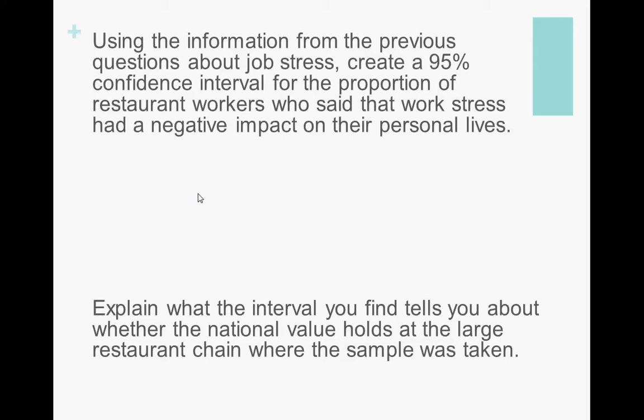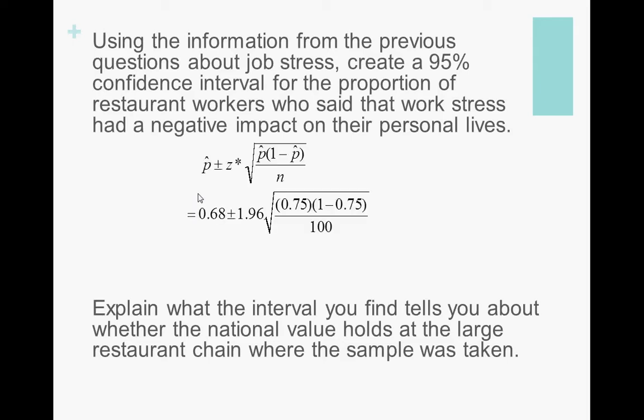So explain what the interval you find tells you about whether the national value holds at the large restaurant chain where the sample was taken. So we would say by this, there is a reasonable guess that the proportion who have job stress affecting their personal life at this restaurant is between 0.637 and 0.723.